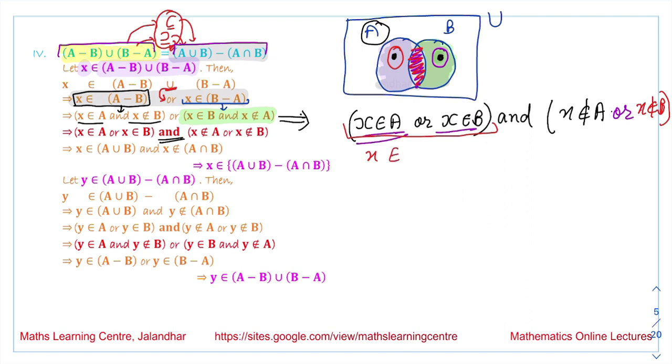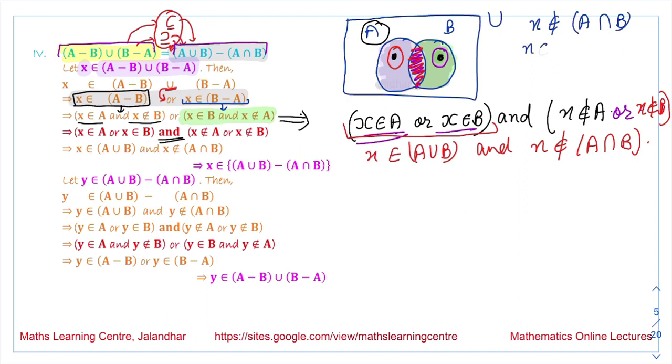So we can write this first bracket as X belongs to A union B, and X does not belong to A intersection B. Why are we writing it in this form? We know that when X does not belong to A intersection B, it means X belongs to A intersection B complement. And what is A intersection B complement? It is A complement union B complement.